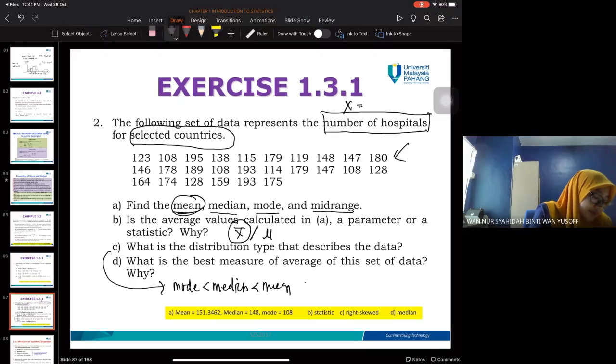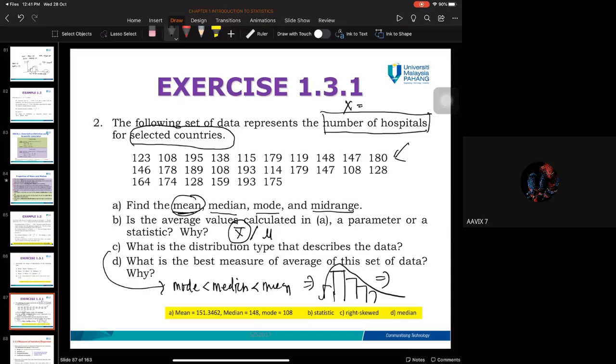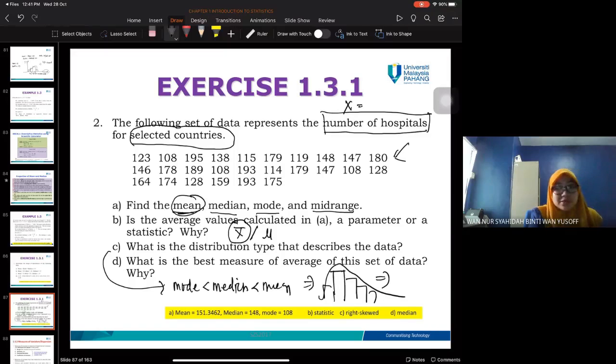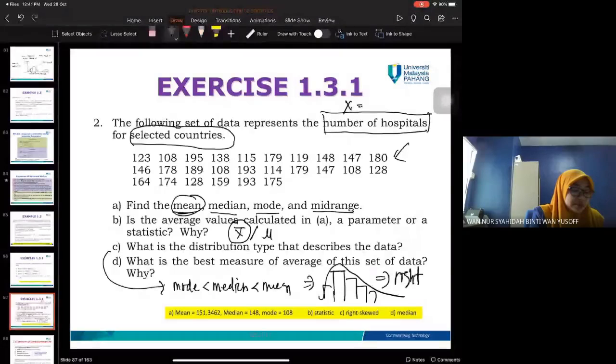So if you want, you can sketch mode, median, mean. So it is right skewed, or positively skewed. Both are accepted.